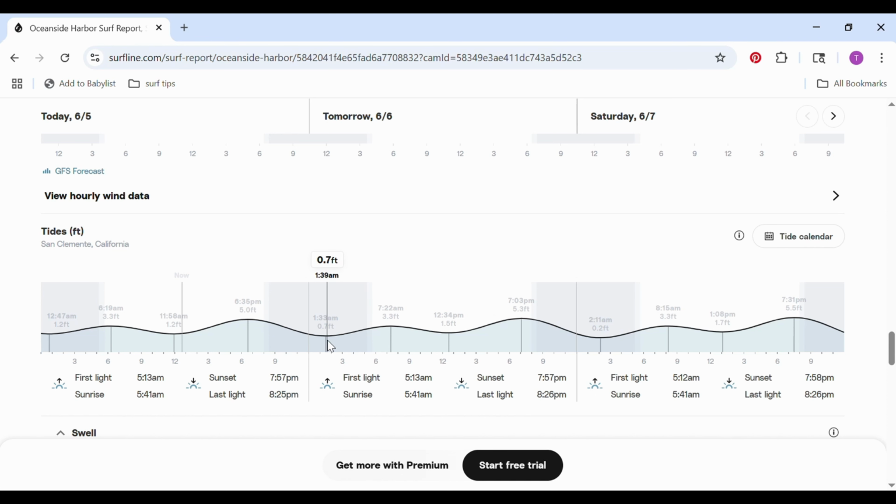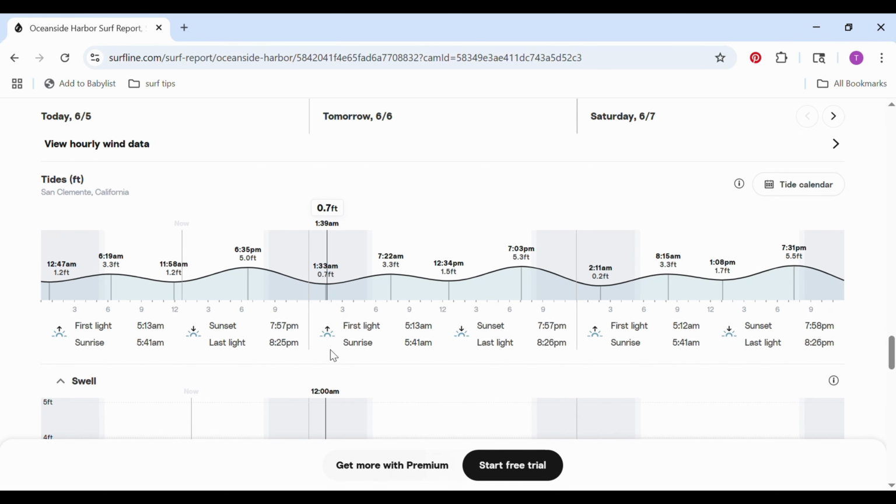longboarding. Another really nice feature that Surfline has that's handy to have close by, if you're trying to sneak in a surf session either before or after work or before or after mothering duties if you're a mom, is that they have the last light and the first light and also the sunset and sunrise.